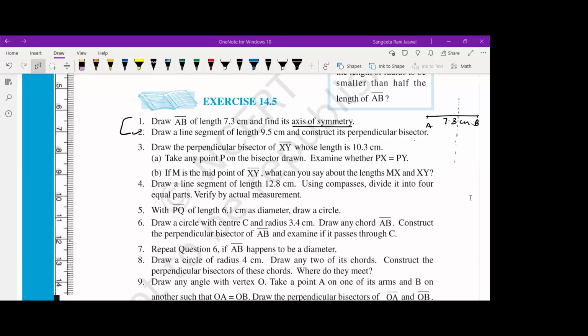Ma'am, I have made the perpendicular bisector. Neha, show me your work. Yes, ma'am.